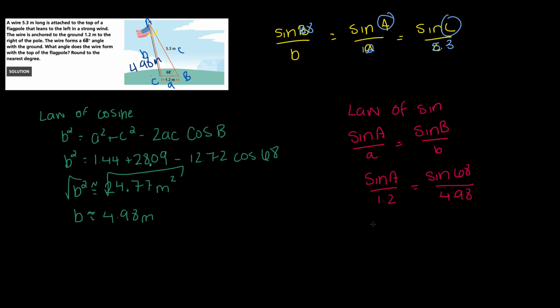Multiplied by 1.2, we get sine A equals 1.2 divided by 4.98 times sine 68.